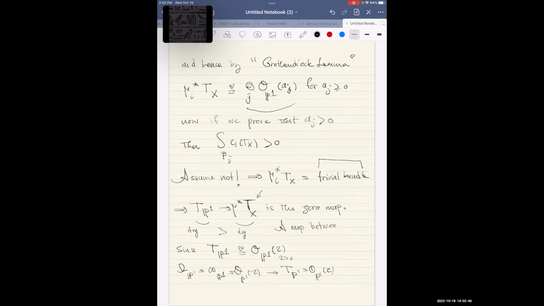You have a map between stable bundles, A to B, such that the degree of A is bigger than the degree of B, and it has to be the zero map. It's a statement, okay? Has to be the zero map. So this has to be zero if the pullback is the trivial bundle. Yes? But this is impossible.